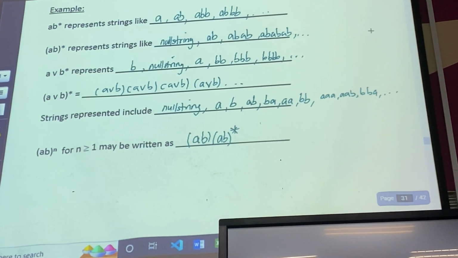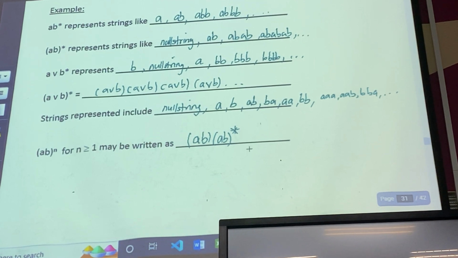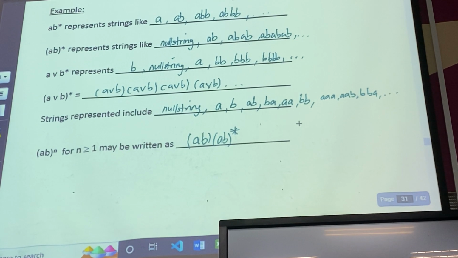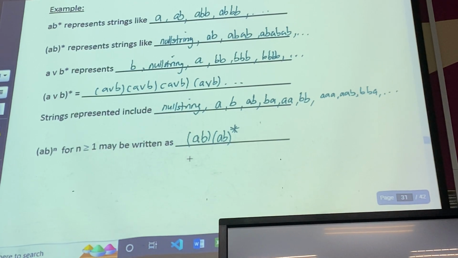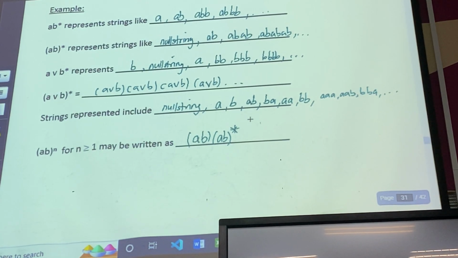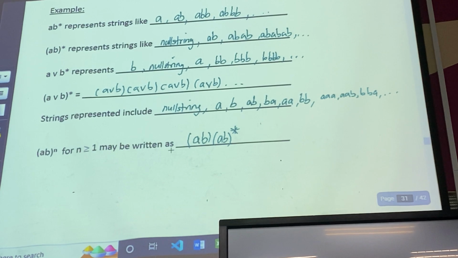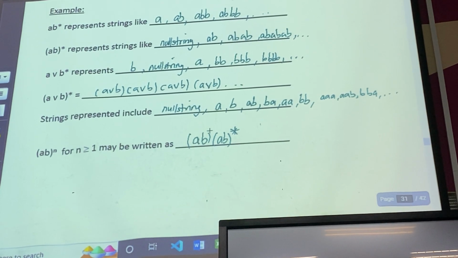So always differentiate the definition using n and using the asterisk. Because when you put the asterisk, it is understood that it can start from 0. So if your AB now starts from 1, in order to convert it to the asterisk, you must write one AB in front to show that you have at least one AB.